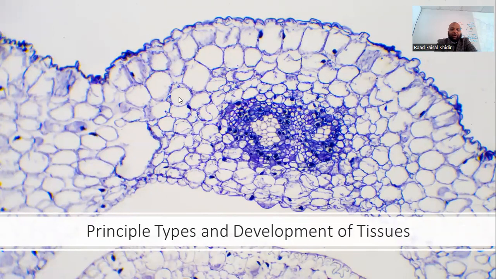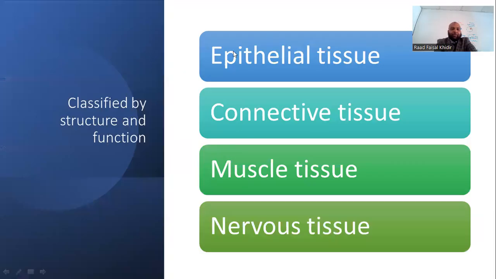So the principal types and development of the tissues. There are four types of tissue. There's the epithelial tissue, and this epithelial tissue is very interesting because it is bound to the basement membrane. It is bound to the basement membrane, but it is bound in a very interesting way.